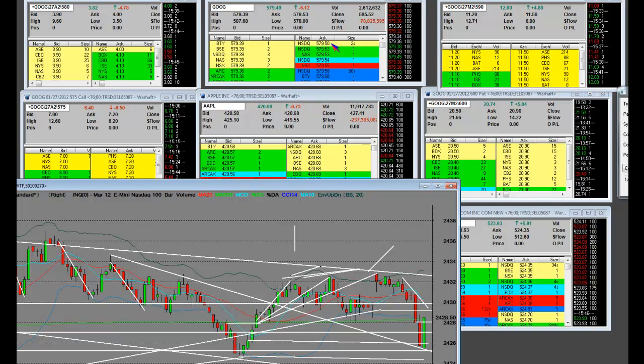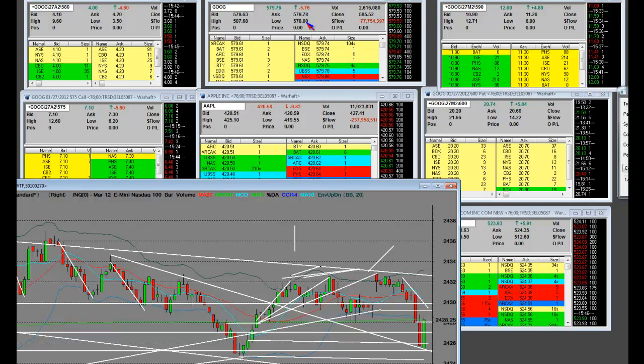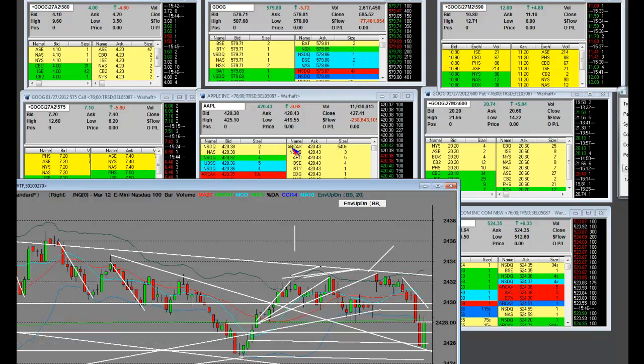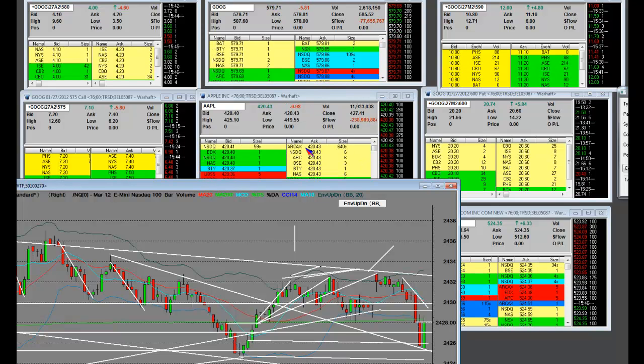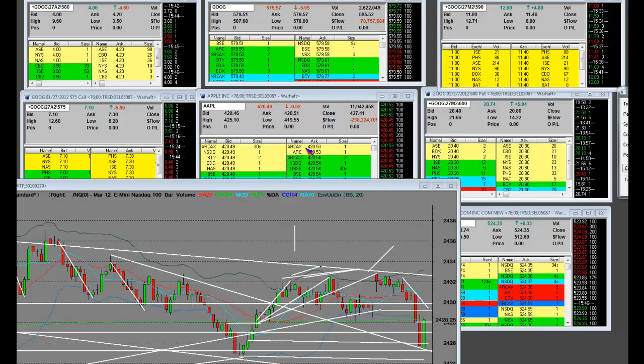And we have Google bouncing off its low right here. It's $1 off the lows, but equities remain weak. But you can see the amount of short covering going into Mr. Obama's State of the Union, isn't it?